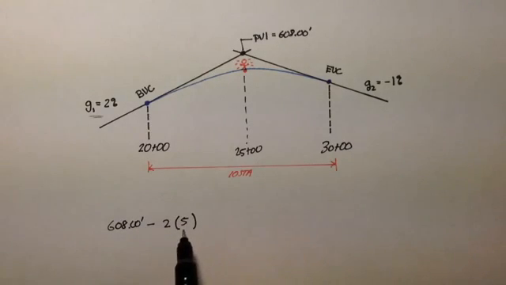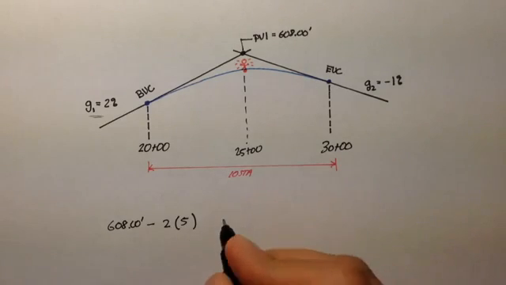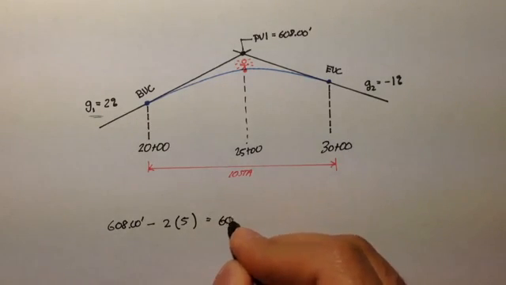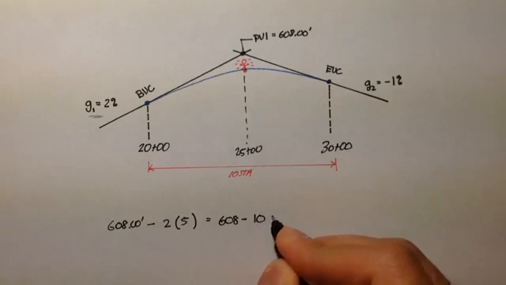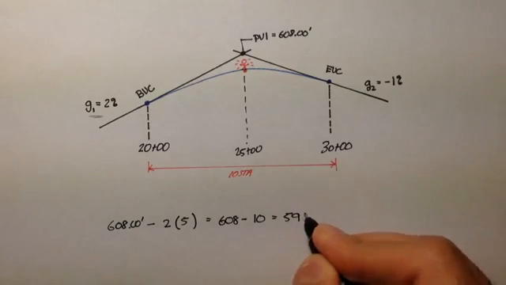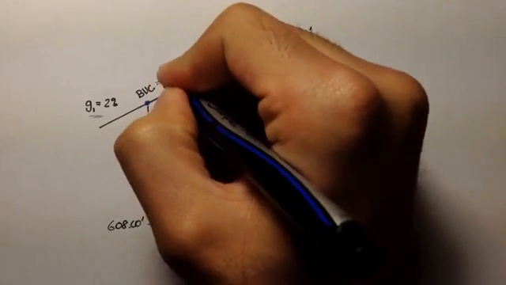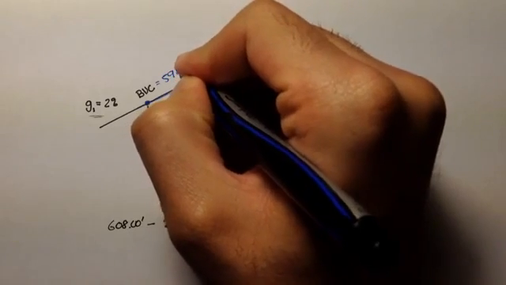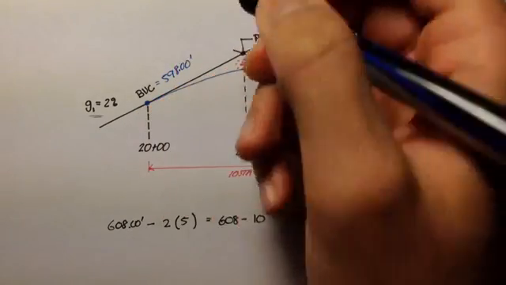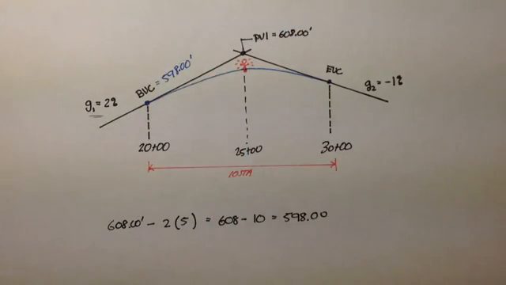You keep the grade as the number as it is in percent, times the station. So it's 608 minus 10, and that gives us an elevation of 598. So the elevation of BVC would be 598.00.